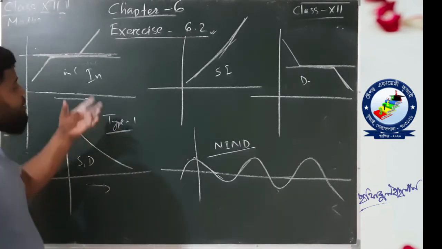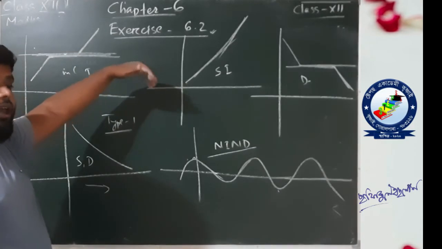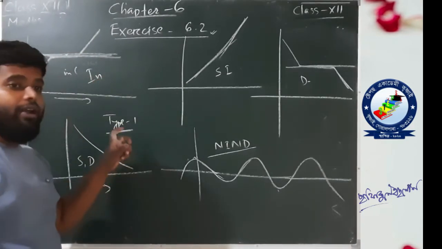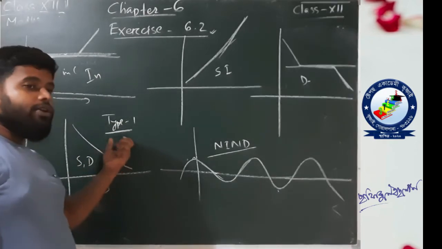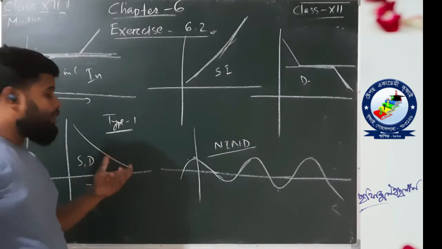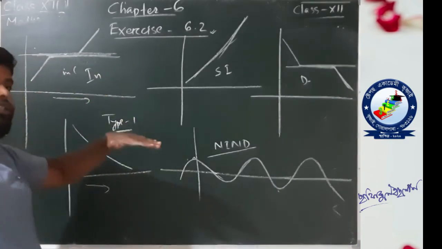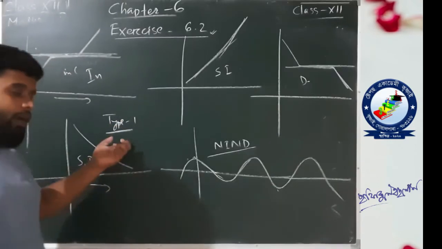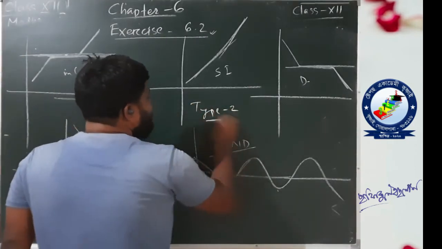Type 1 questions will be suppose you are given a function and you have to find at a particular interval whether it is increasing or decreasing. এটা কোশ্চেন দিয়া থাকিব, এটা ফাংশন দিয়া থাকিব, সেই ফলনটো এটা পার্টিকুলার অন্তরালত ইনক্রিজিং হয় না ডিক্রিজিং হয়, বর্ধমান হয় না হ্রাসমান হয়, এটো উলিয়াব লাগে.